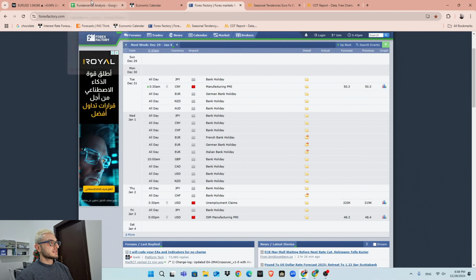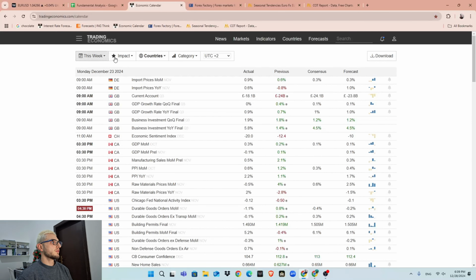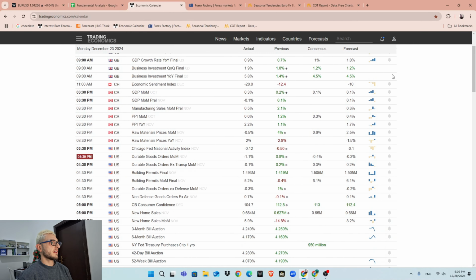Now, let's start with the fundamental analysis. If we go into the previous week's data, we got the GDP growth rate lower than expected, final lower than expected for the pound, and the Canadian better than expected.